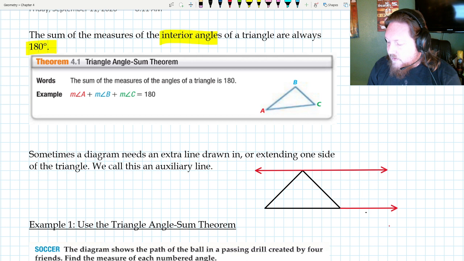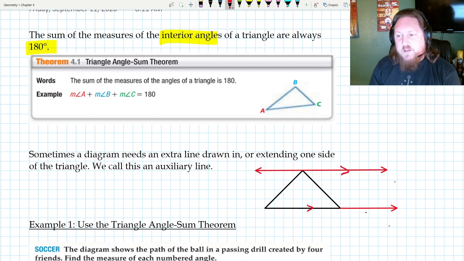So you can see here the top auxiliary line is parallel to the base. I know that exists from when we were in the parallel chapter. For any line and a point off the line, like the vertex, there will always be a parallel line going through it. So that can be useful information.